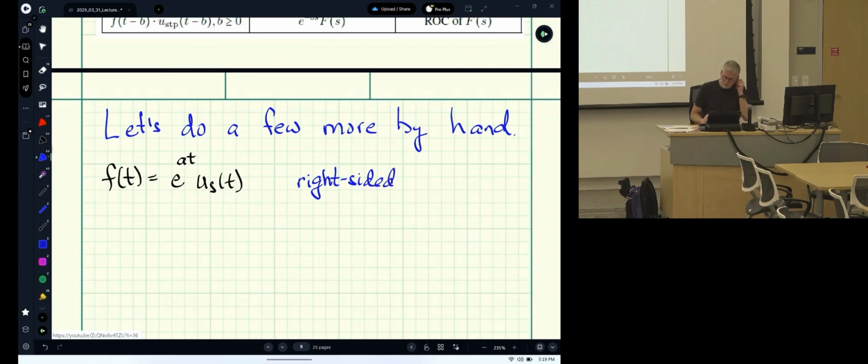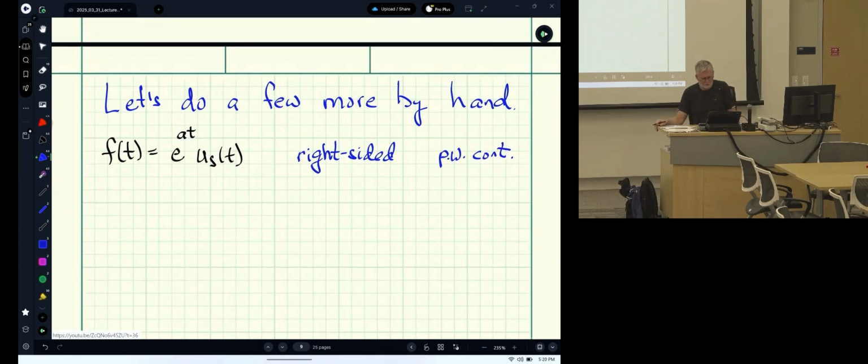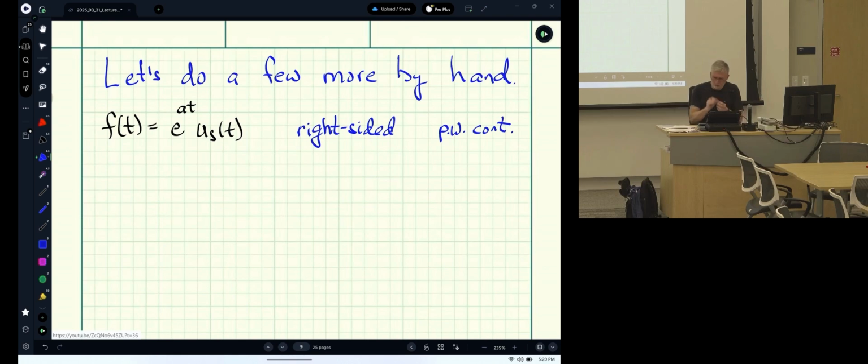And then since the unit step is piecewise continuous and the exponential is continuous, this whole thing is piecewise continuous. So it's all good. All the integrals we write down make sense as long as we check the limits, because they're improper integrals.